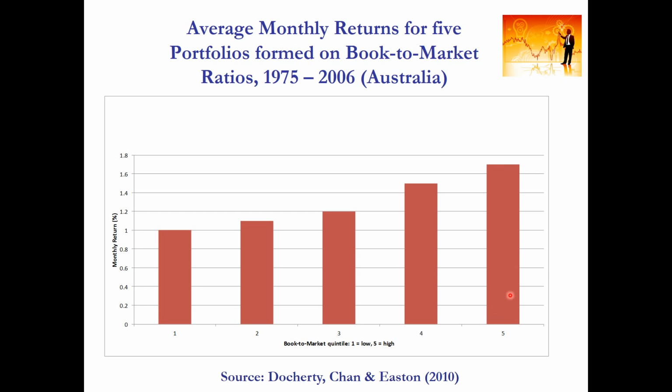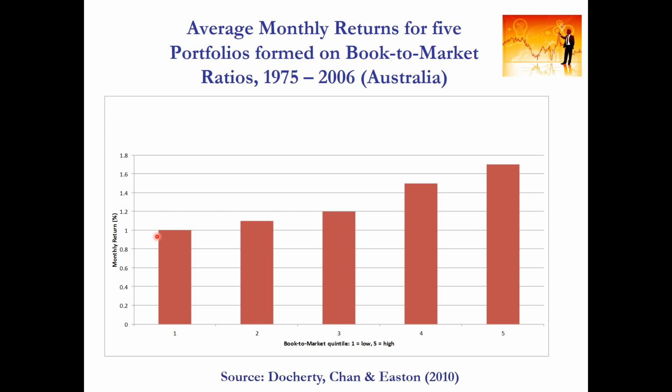Highest book to market ratio indicates a value portfolio, and you can see this value portfolio substantially outperforms the growth portfolio in terms of return generation, because this value portfolio generates a return of about 1.7%, whereas this growth portfolio generates only a return of about 1% on a monthly basis.